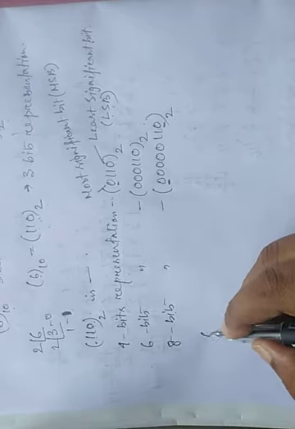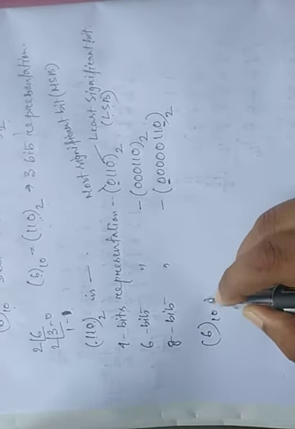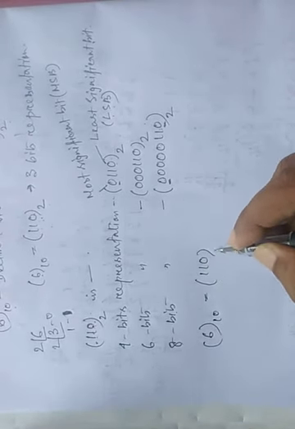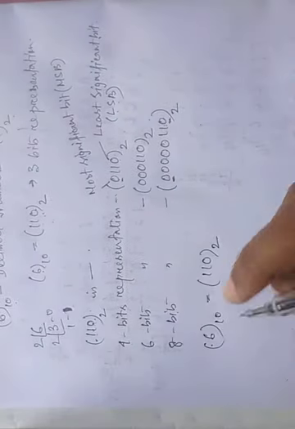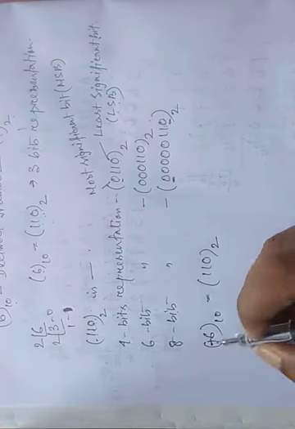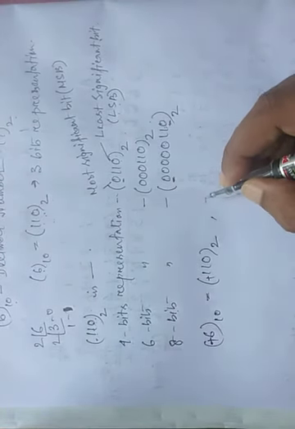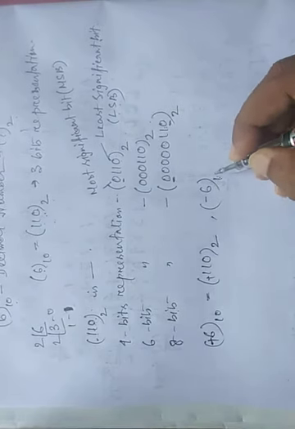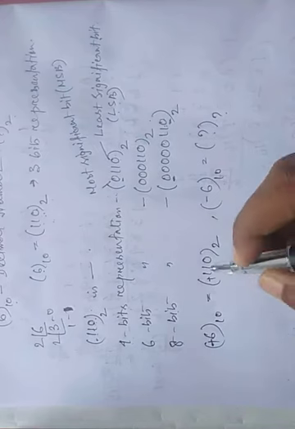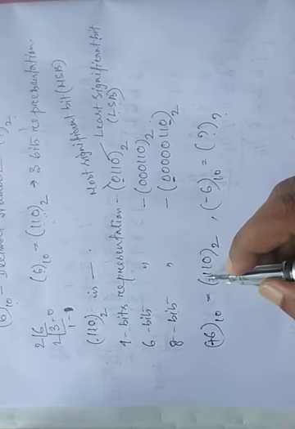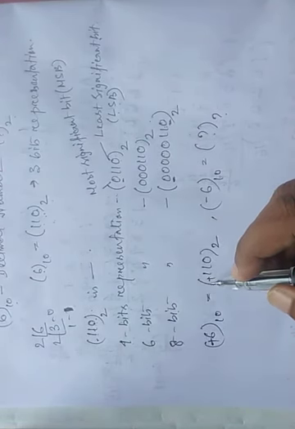We know that 6 base 10 equals 110 base 2. Its value is plus 6. Then if we want minus 6 in binary representation, we can't write a negative sign directly.